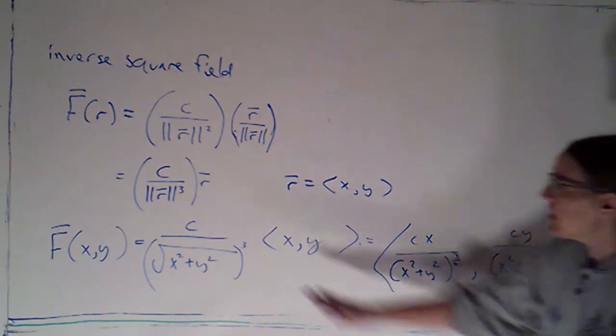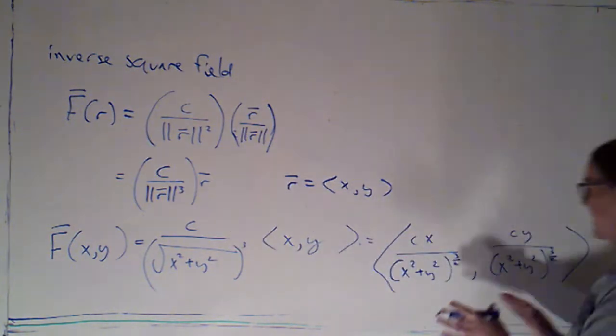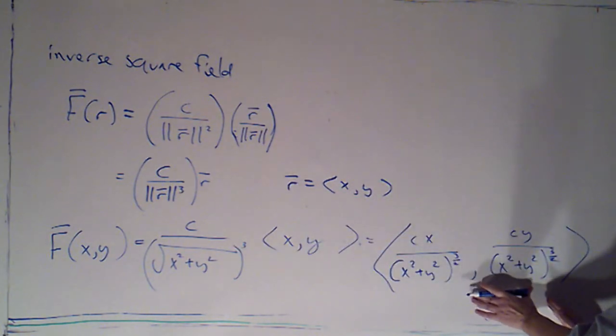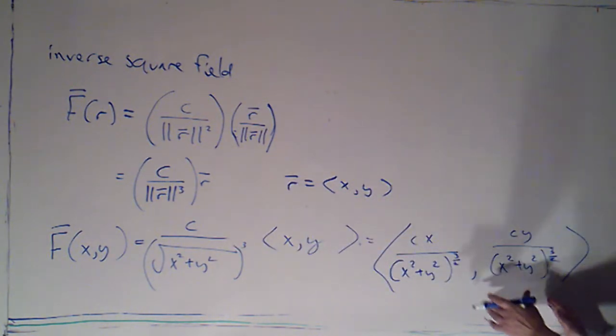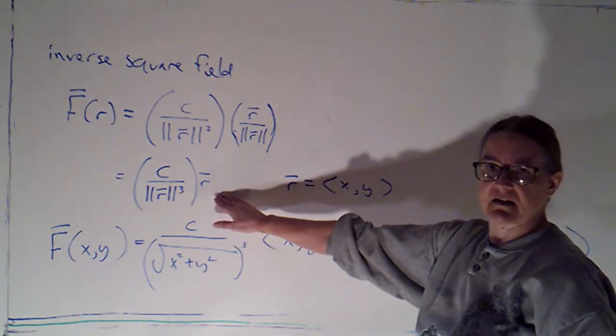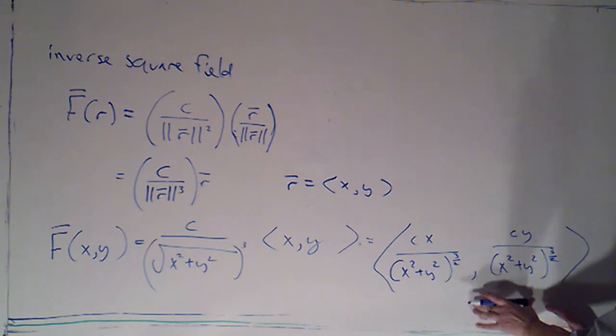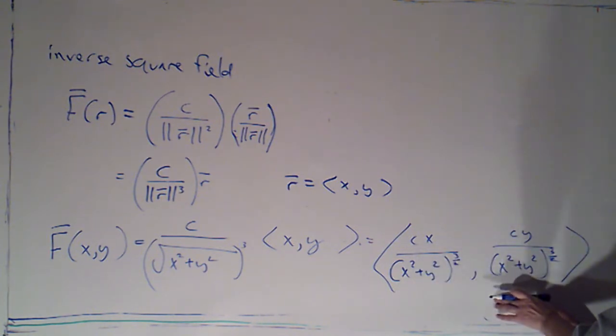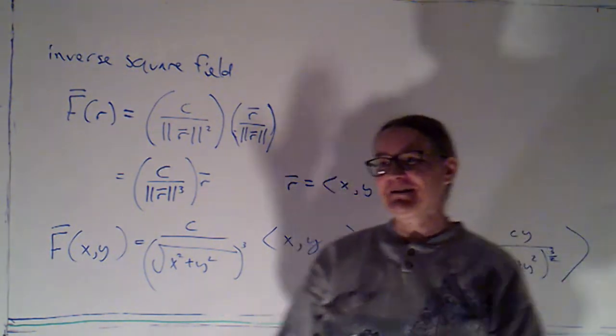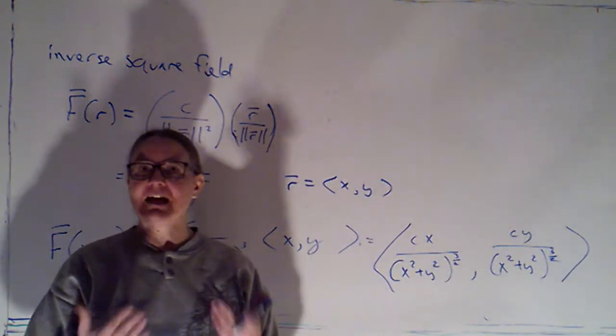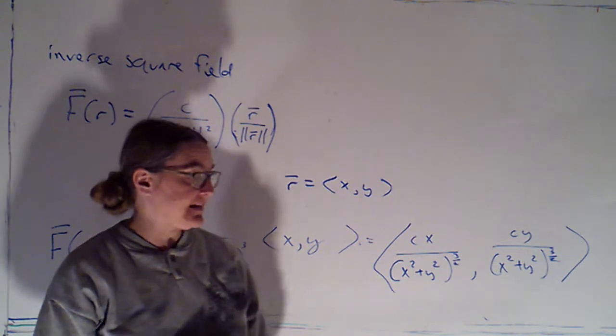Important to know both this characterization and this characterization of an inverse square field. This is very nice and concise. This is what we'll need if I need to be taking the partial derivatives of my component functions. Because I know how to take partial derivatives with respect to x and y and in 3 space z.